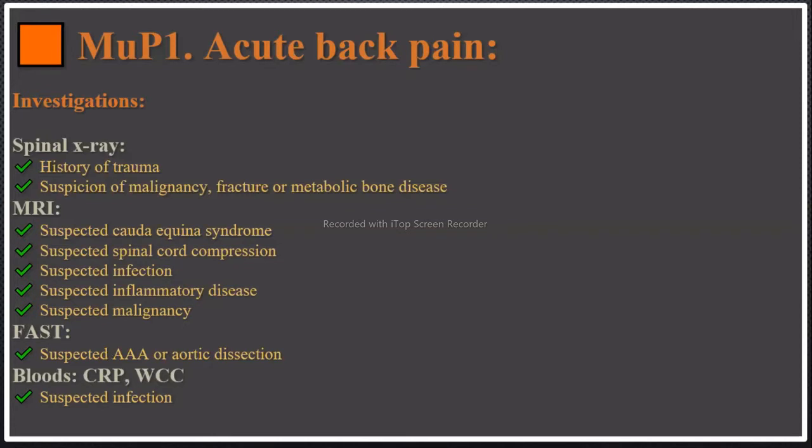If the patient is stable, what is the investigation of choice here? Ultrasound? CT angiography. Excellent. So if the patient is stable, CT. If the patient is unstable, FAST. Okay. What about bloods? Inflammatory markers, of course, for infection.